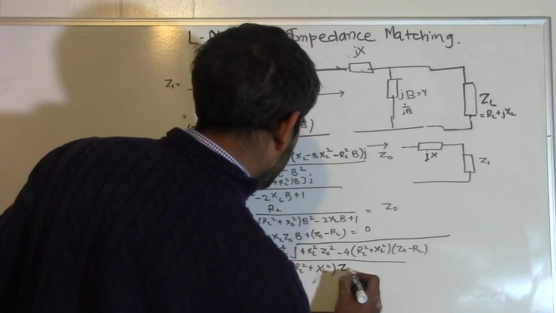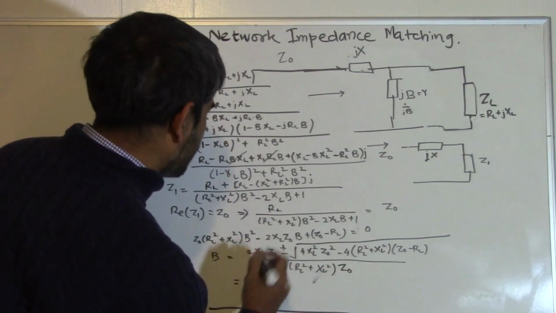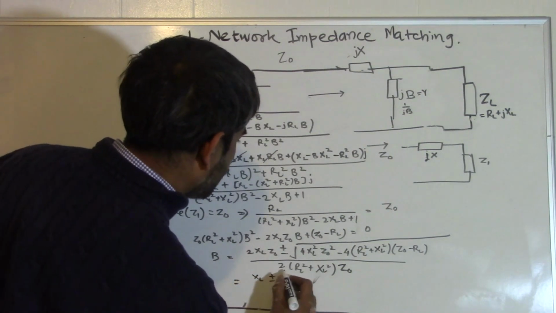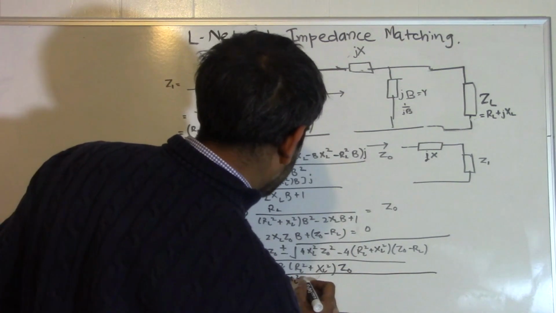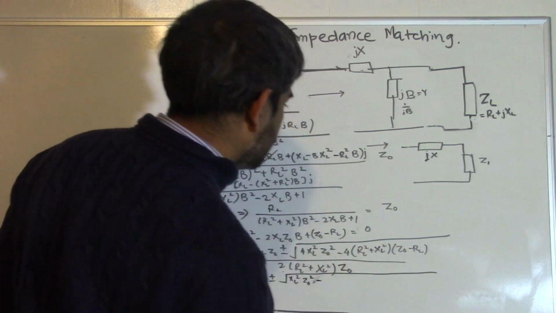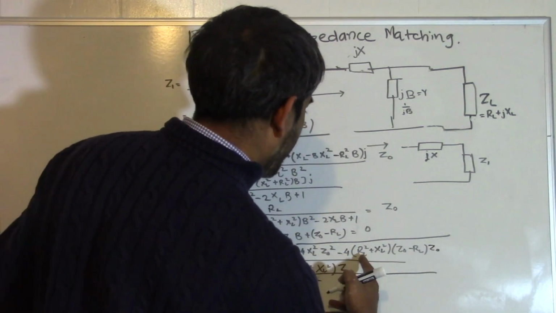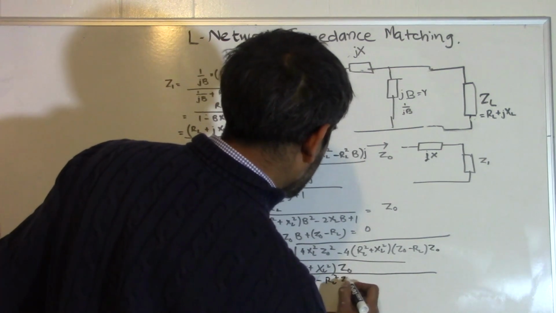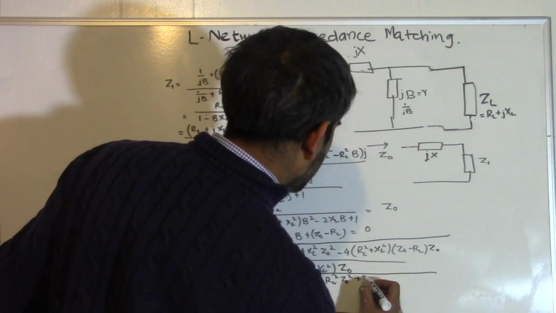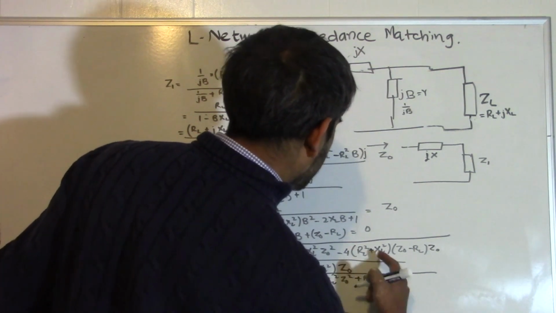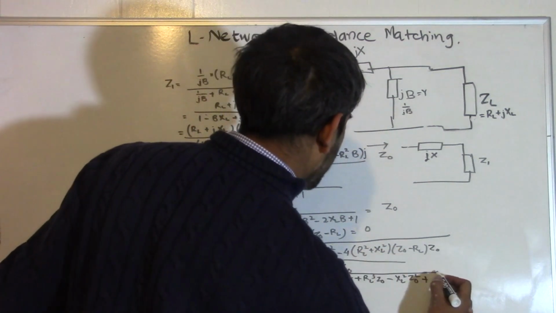Let's divide it by Z0 here, and we get XL plus minus the square root of XL square Z0 square minus RL square Z0 square, and then RL square into RL becomes plus RL cube Z0 minus XL square Z0 square, and then plus XL square RL Z0.